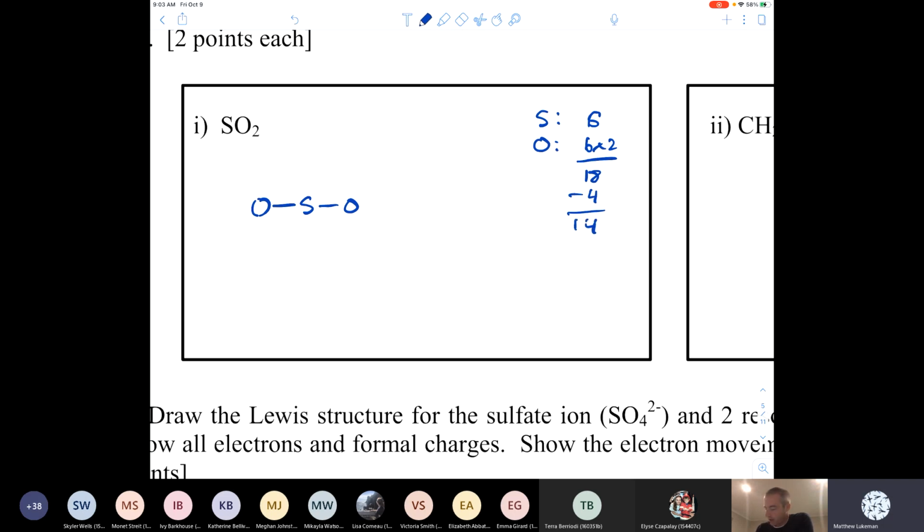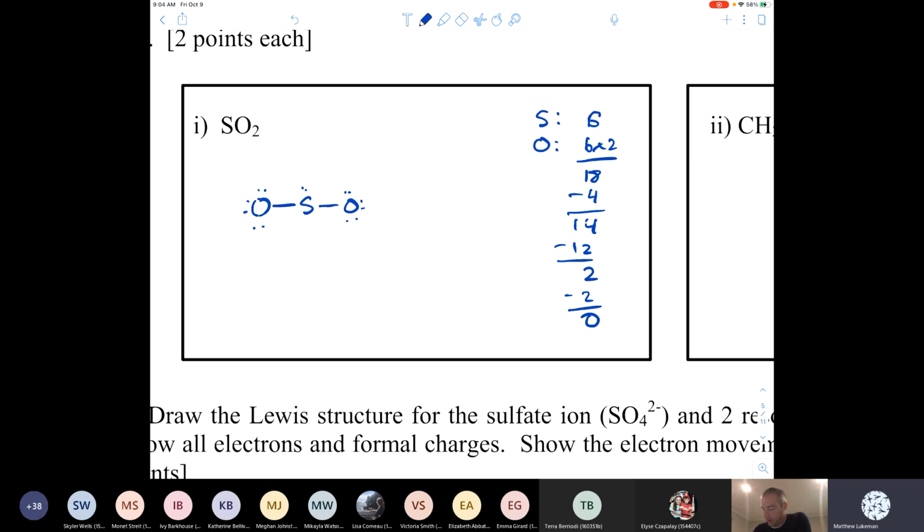And then we fill up the outer octets. So we get 2, 4, 6, 8, 10, 12. Leaves 2. Leftovers go on the central atom, like that. And we're done with this. Next, we would check to see that everything has a full octet.